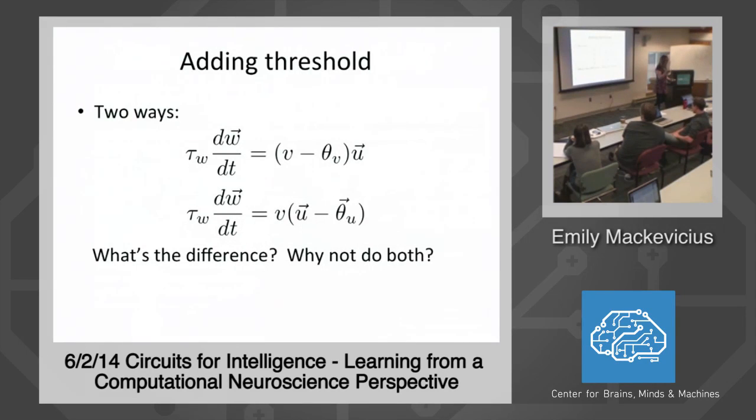So you assume that U and V are always positive? Exactly. They're firing rates: how many times does it spike per second? So it has to be greater than 0. But obviously, its difference from its average is not greater than 0.